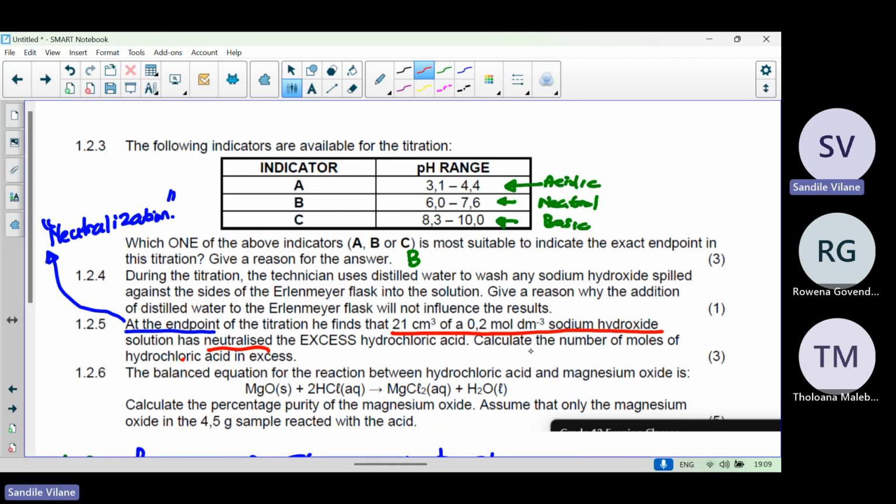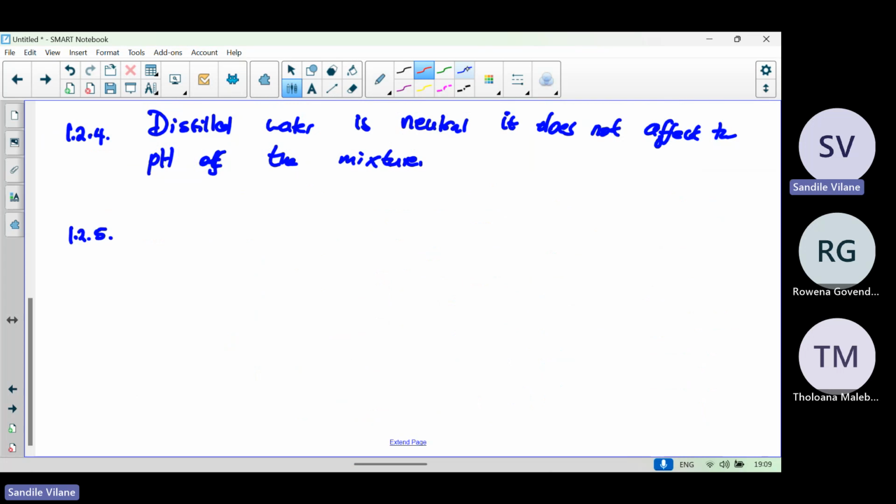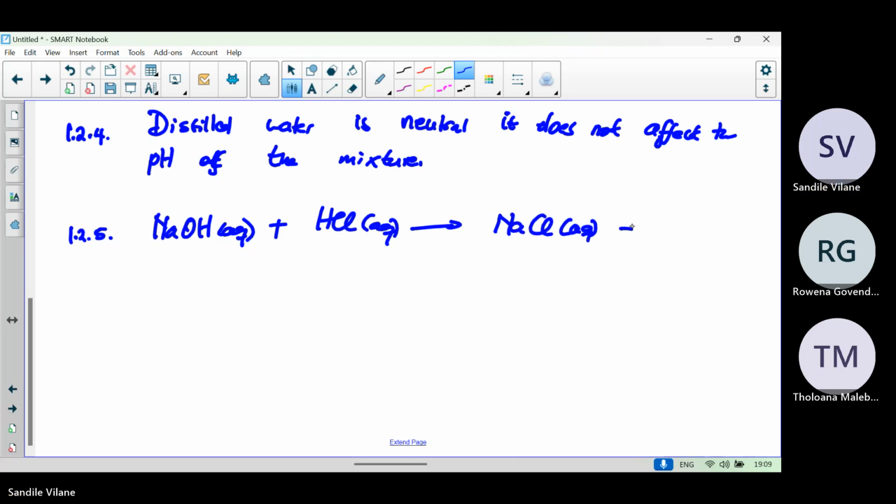And then calculate the number of moles of hydrochloric acid in excess. How do we do that? We are looking at reaction number 2. And what is reaction number 2? Reaction number 2 is sodium hydroxide solution neutralizes hydrochloric acid solution to produce the salt, which is sodium chloride, and water.